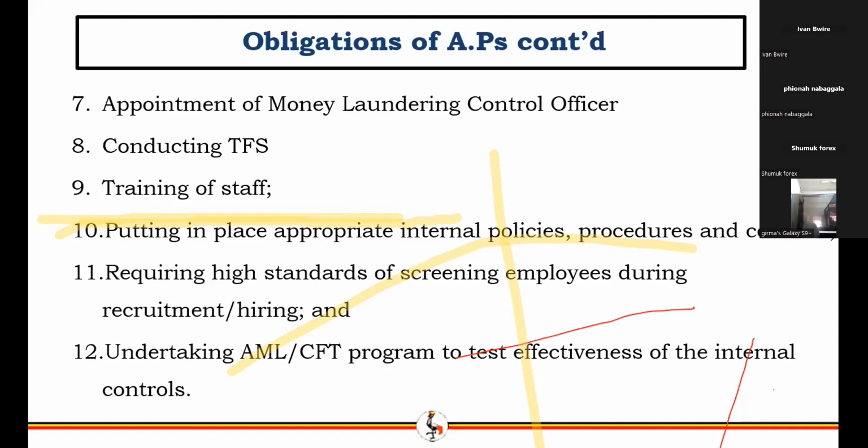Training of staff: the MLCO also has a responsibility of training the staff internally on AML CFT, to keep you abreast of any developments in the law or any regulatory information. So it's important that the MLCOs for different forex bureaus organize the internal trainings, because on inspection, it's an area that is reviewed to see if the materials that you used were sufficient or adequately assess the legal requirements in the law.